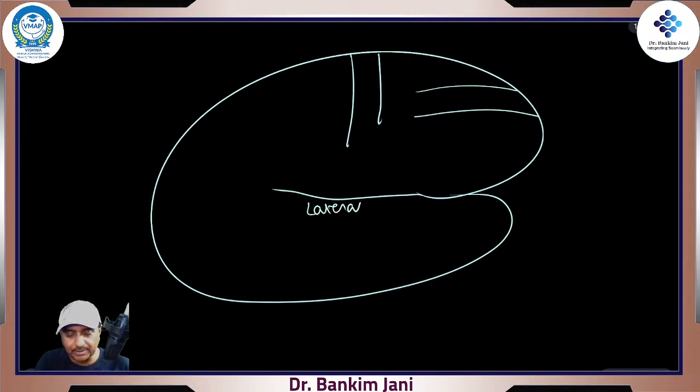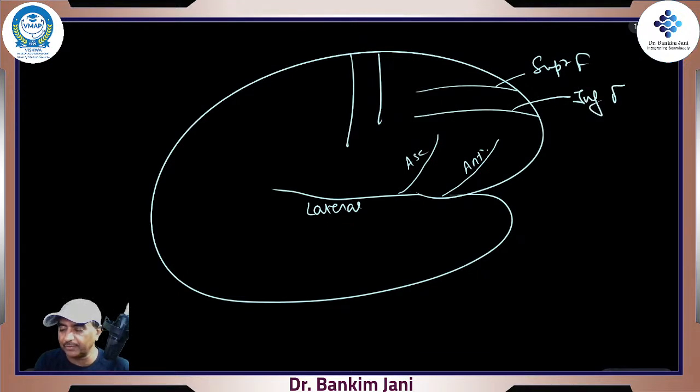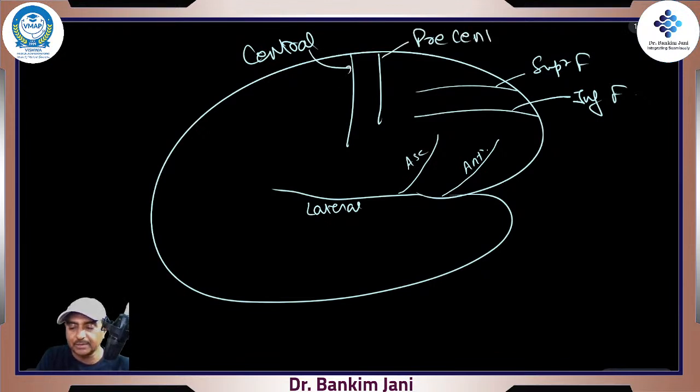From the lateral, there would be the ascending ramus and then the anterior ramus. So this one would be the ascending, this one the anterior ramus, this one the superior frontal sulcus, this one the inferior frontal sulcus, this is the central one, and this one is the precentral, correct? And then comes the gyrus.